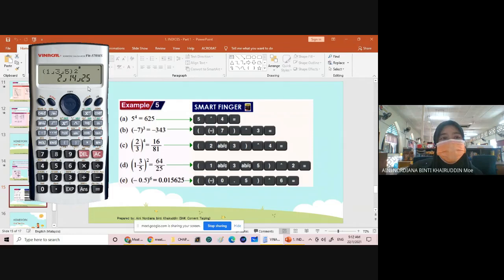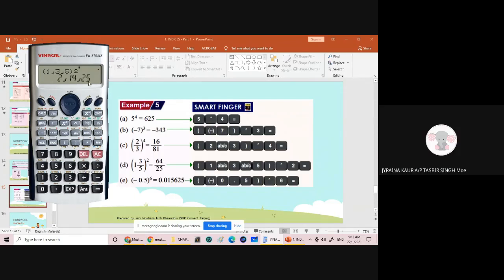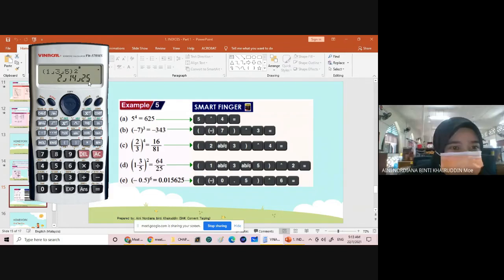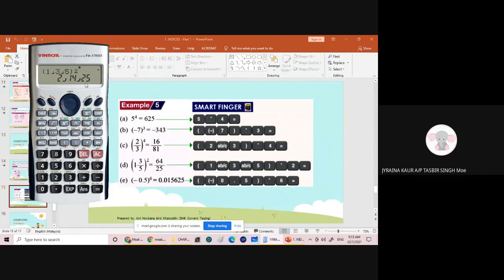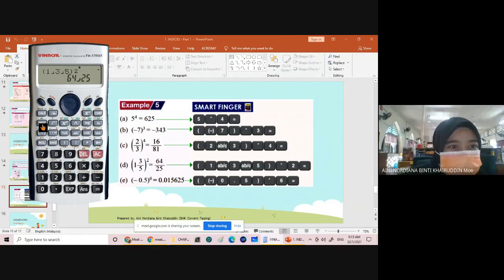So how do you convert this answer to improper fraction? Anyone? Can we do this by using the calculator? Anyone know how to convert? Can I try, teacher? Okay. By pressing shift and then the ABC button. Yes. Good.